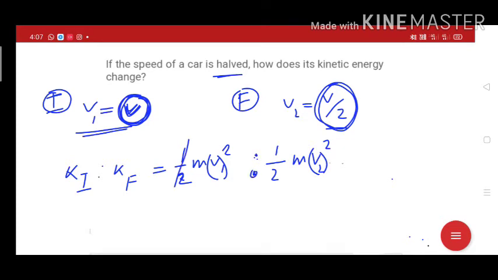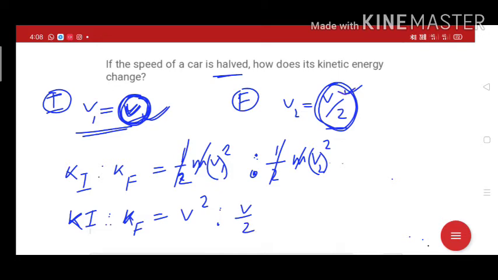Listen, this half and this half is going to be cancelled. This m is also going to be cancelled, but here v1 means what? V. So we will write v square. So this is the ratio of k initial and the k final, and this is going to be v by 2. The final velocity is v by 2.